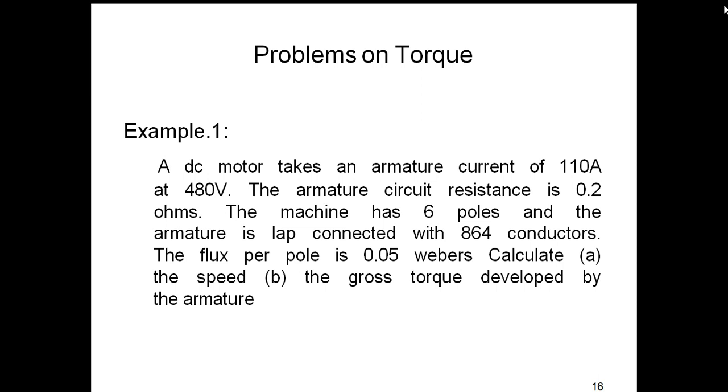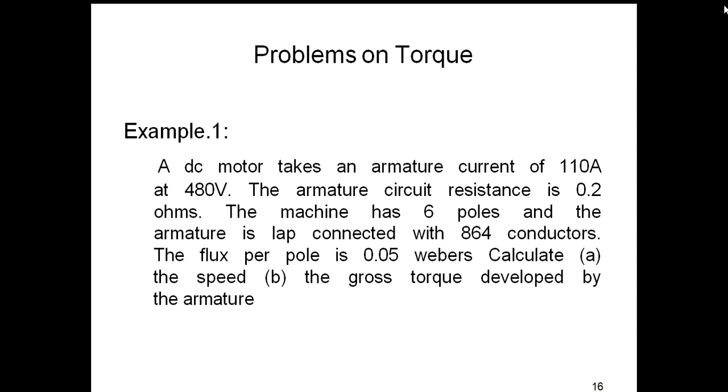The armature circuit resistance is 0.2 ohms and the machine has 6 poles and the armature is lap connected with 864 conductors.